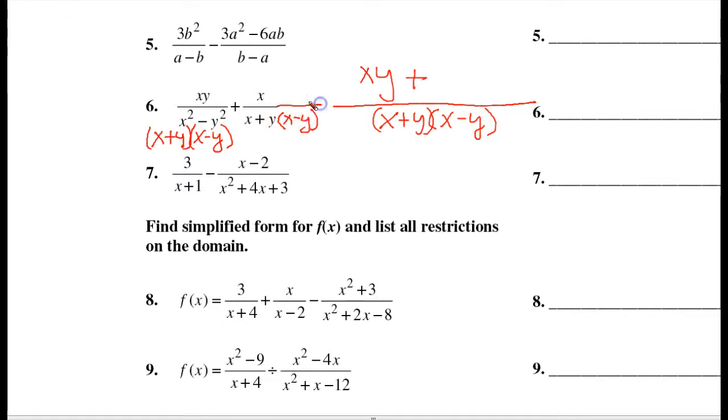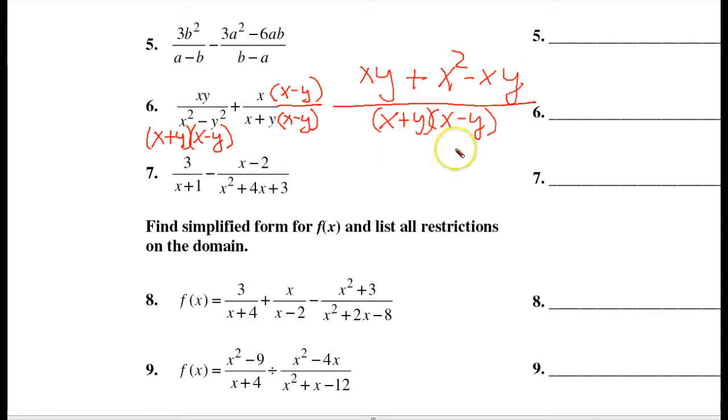Now remember, we're allowed to multiply anything by 1. x minus y over x minus y. This is a 1. And now this has my new denominator, and I just have to multiply this. Plus x squared minus xy.